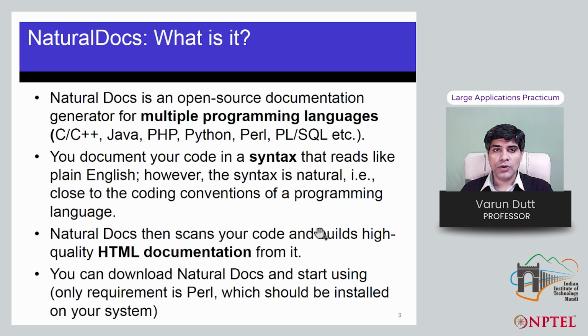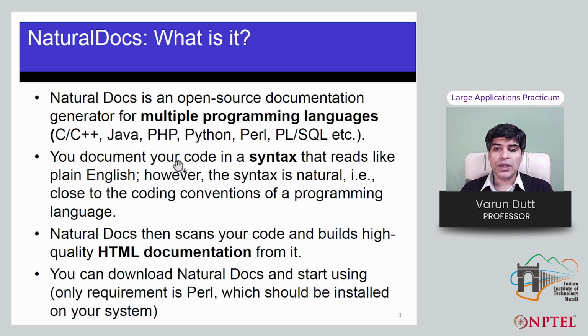So what is Natural Docs? Natural Docs is an open source documentation generator for multiple programming languages. It's an open source documentation creation tool, and it has support for C, C++, Java, PHP, Python, Perl, PLSQL, etc. So it's a very powerful documentation tool which can work across a large number of programming languages.